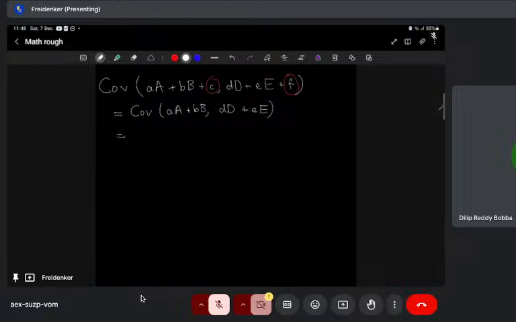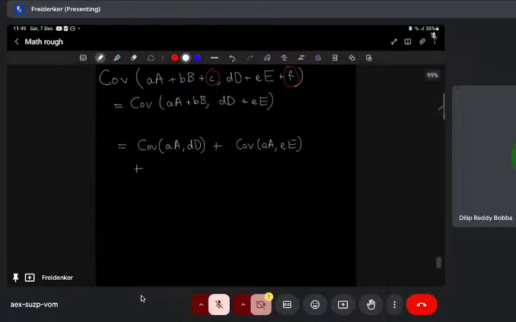Now, how do I proceed with this? So what I'll do is I will simply do this. However you want to make sense of it, please make sense of it, but I will continue with this. Covariance of AD plus covariance of AE, plus same story over here.